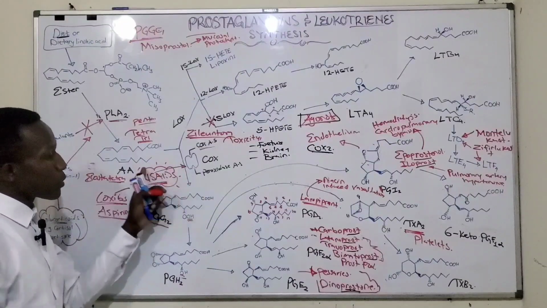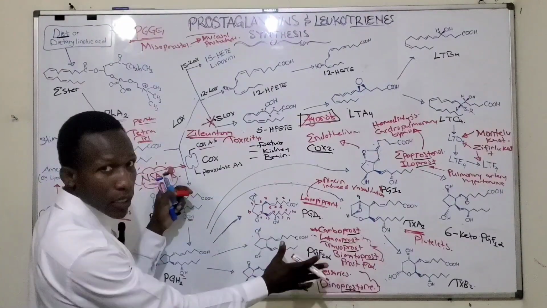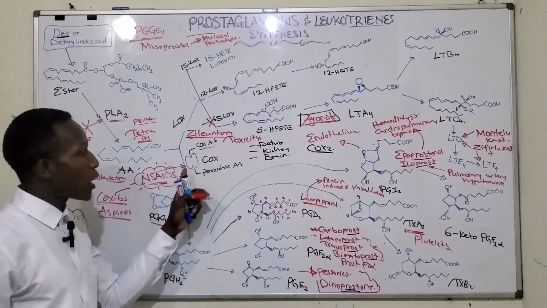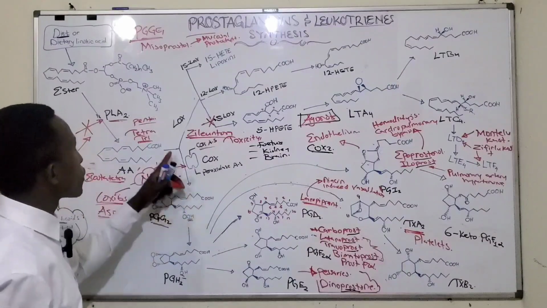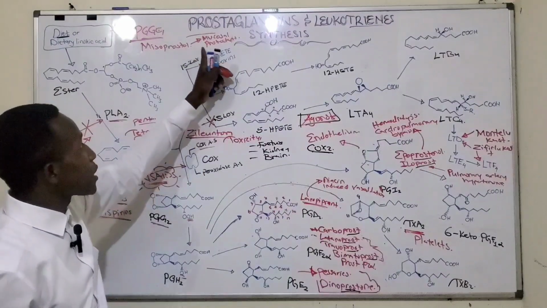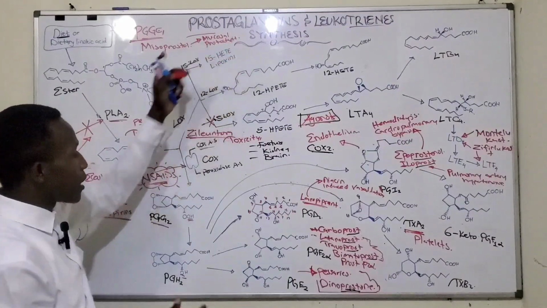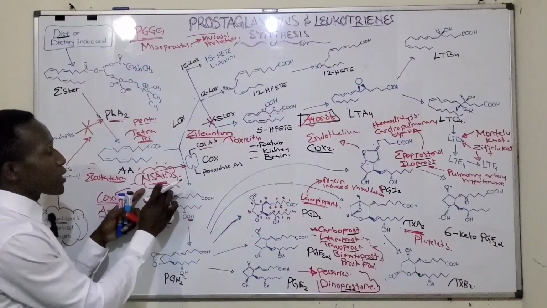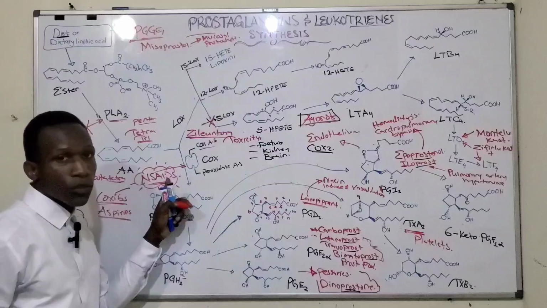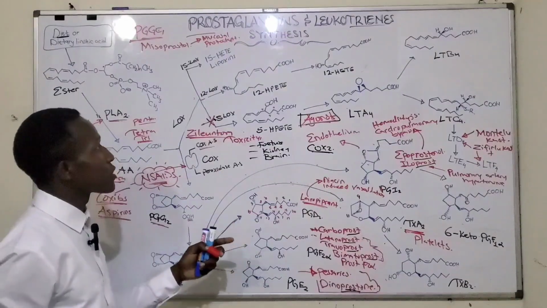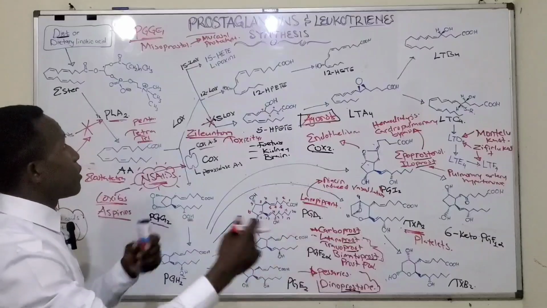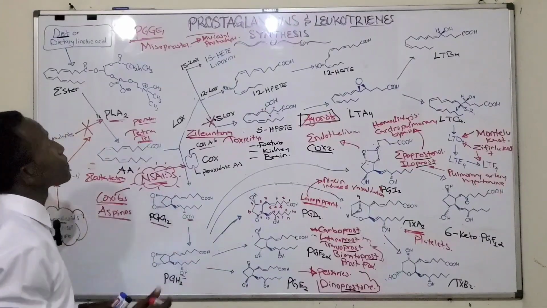Remember, NSAIDs will inhibit the production of the prostaglandins. So when we need NSAIDs for analgesic purpose, we can use the NSAIDs with misoprostol, such that this one protects the GIT, preventing the side effects of the NSAIDs, as we shall see that NSAIDs can lead to peptic ulcers. So this one protects the mucosa of the stomach.